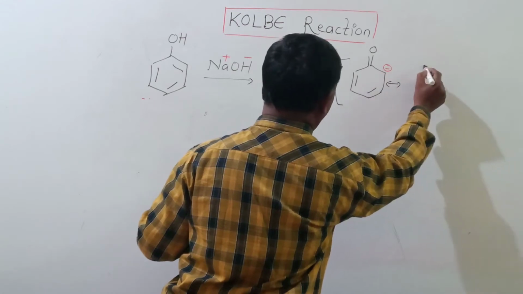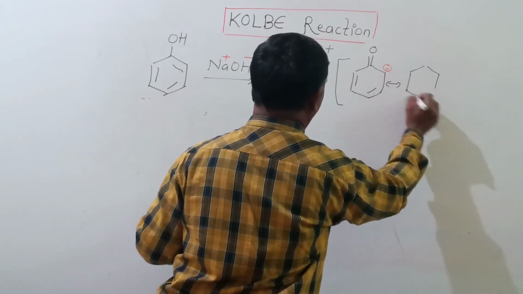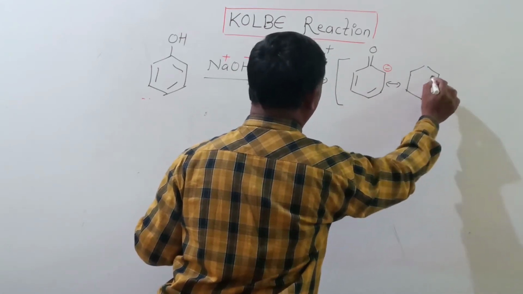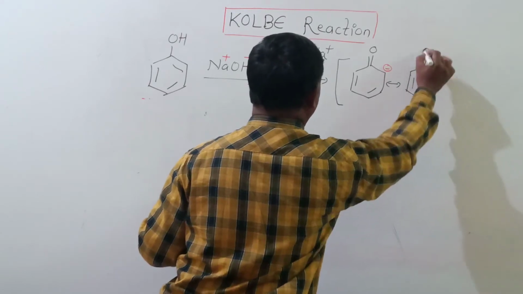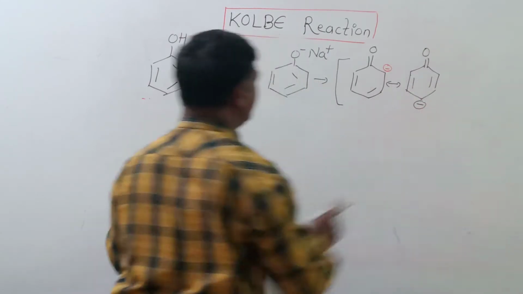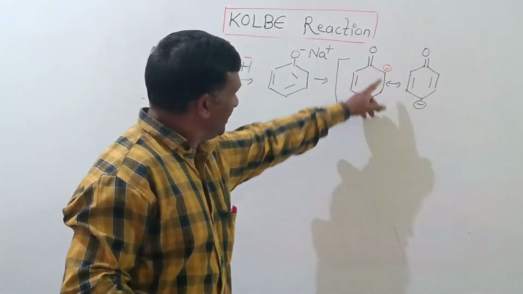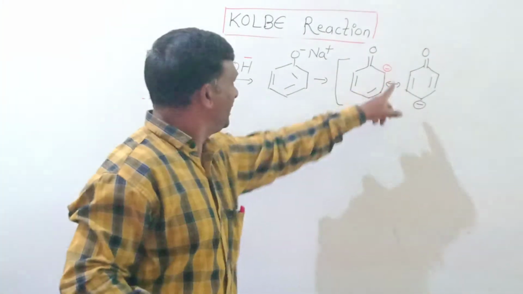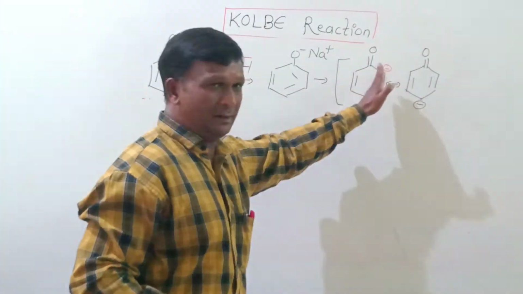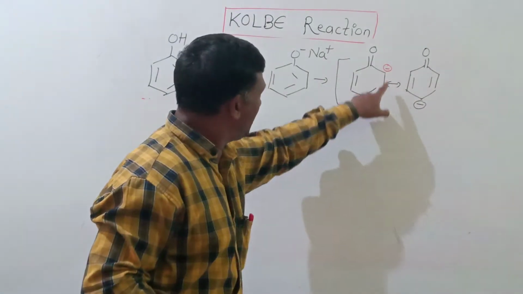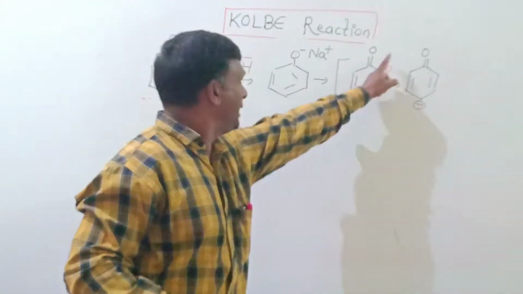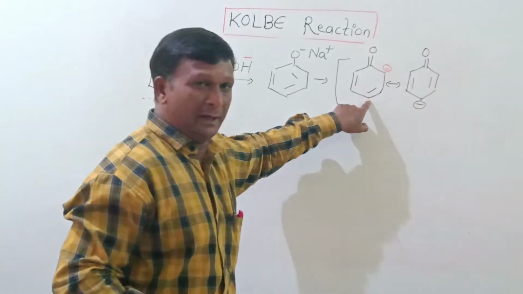So this structure then gets converted into this structure. That means for satisfaction of valency, this bond will be shifted and there will be the bond between this carbon and this carbon. So this electron now will be available at this position.